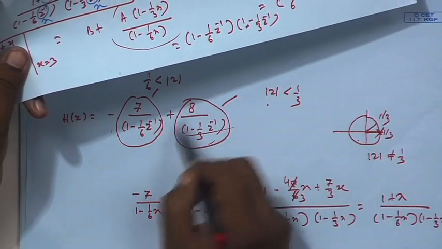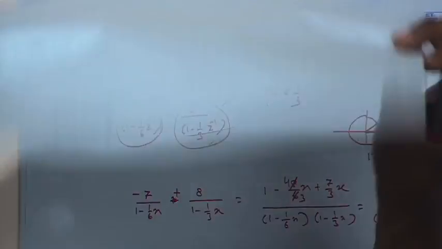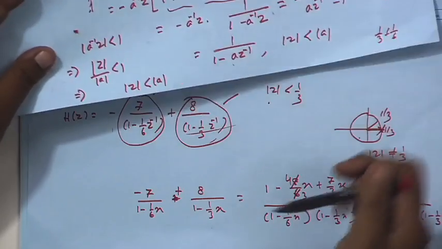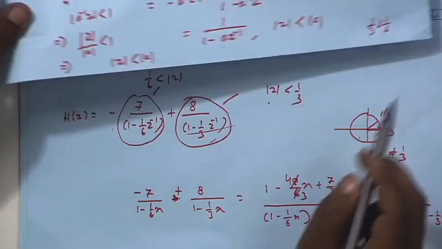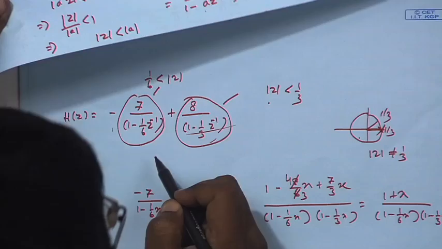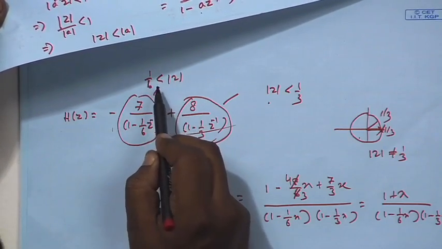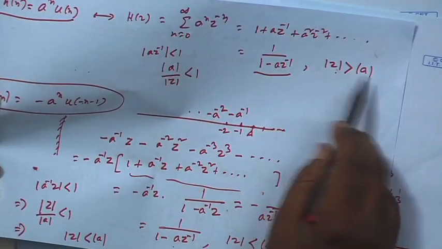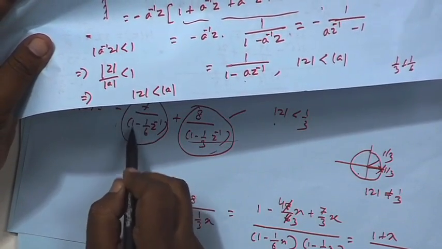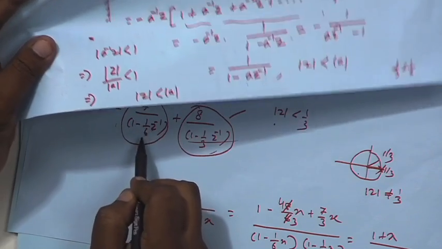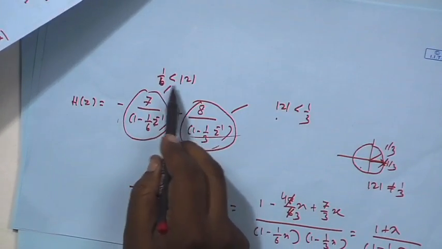Now, when you have this, you remember I consider this expression 1 minus a z inverse, but if mod z is outside a circle, okay, mod z is greater than 1 by 6, it is of the form minus 7 by 1 minus a z inverse, a is 1 by 6 here, and ROC is mod z greater than mod a.